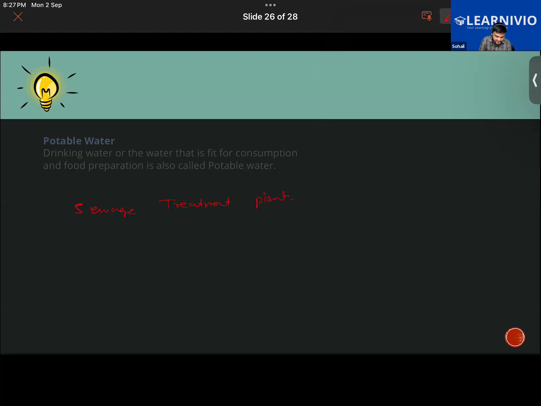In almost every district, there's at least one sewage treatment plant, via which all the sewage, basically polluted water, will go.